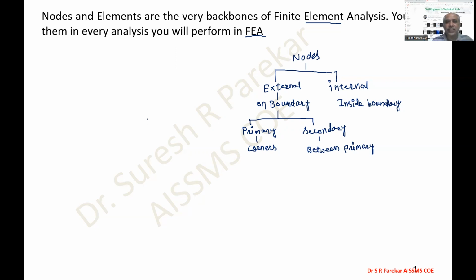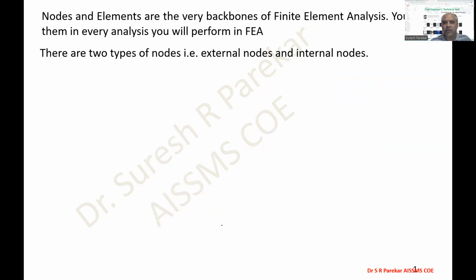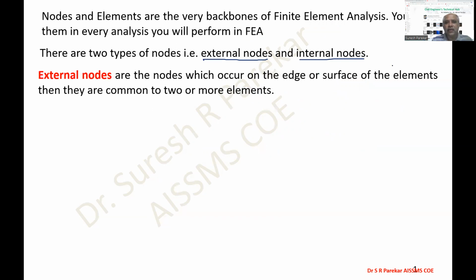Now I will show all of these in this presentation. You can see there are two types of nodes, as we just saw: external nodes and internal nodes. External nodes occur, as I mentioned, on the edge or surface of the element, and they are common to two or more elements.